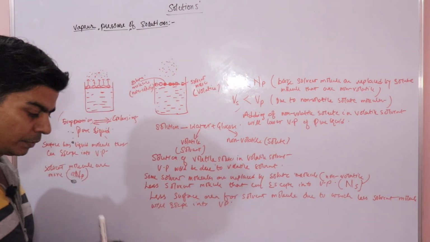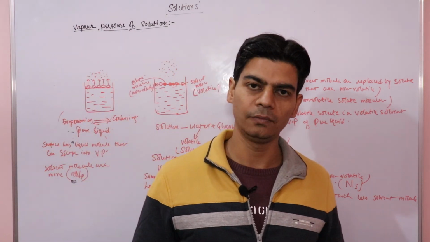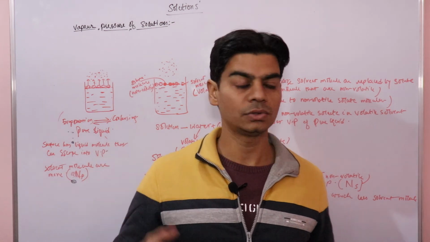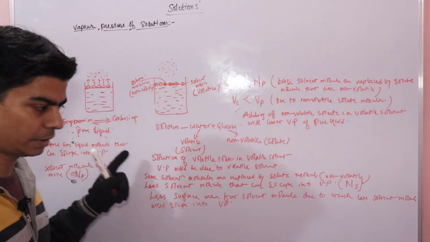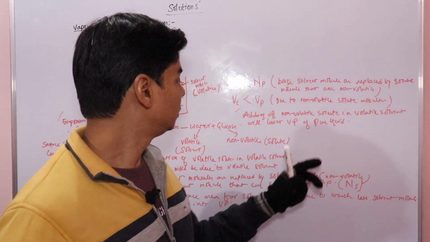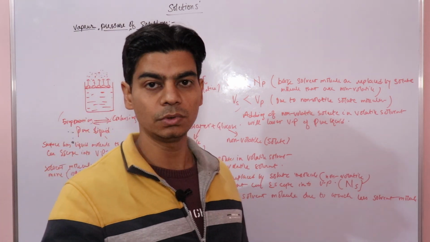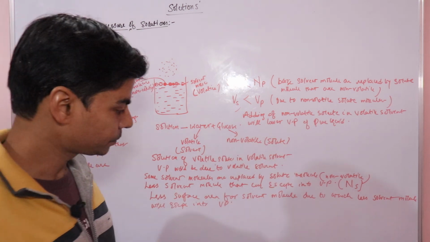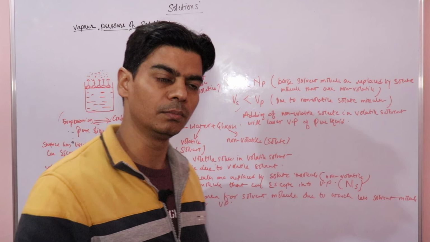So in all, addition of non-volatile solute to a volatile solvent will lower the vapor pressure of the solution. So the vapor pressure of resulting solution would be less than that of the pure solvent, because at the surface now we have less volatile solvent molecules, or we say we have less surface area occupied by these volatile solvent molecules.